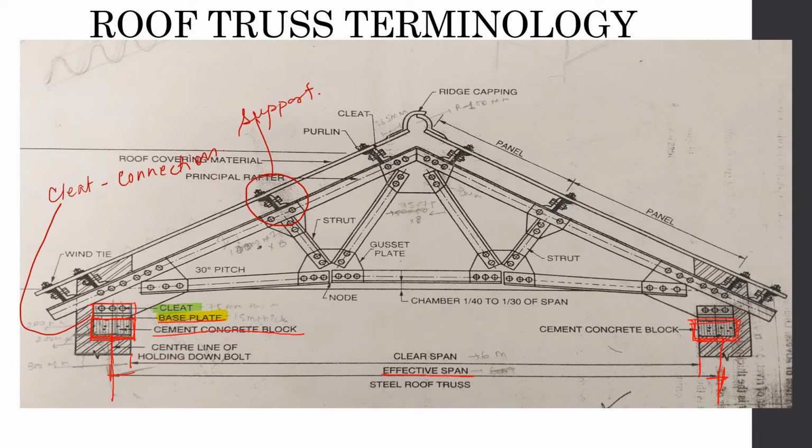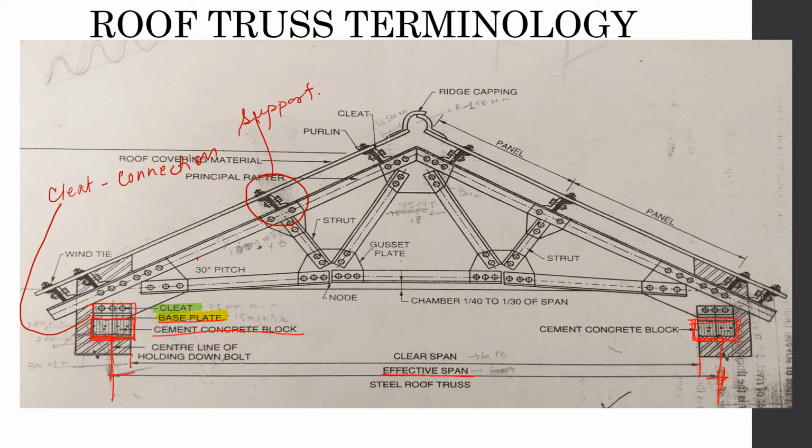Now comes the gusset plate. So gusset plate is something that has been provided to connect the cleat, the base plate, the main tie beam and the rafter. We shall understand what all these things mean, but a gusset plate, if you want you can write, is used to connect beams and columns together and used to form connections by welding or bolting.